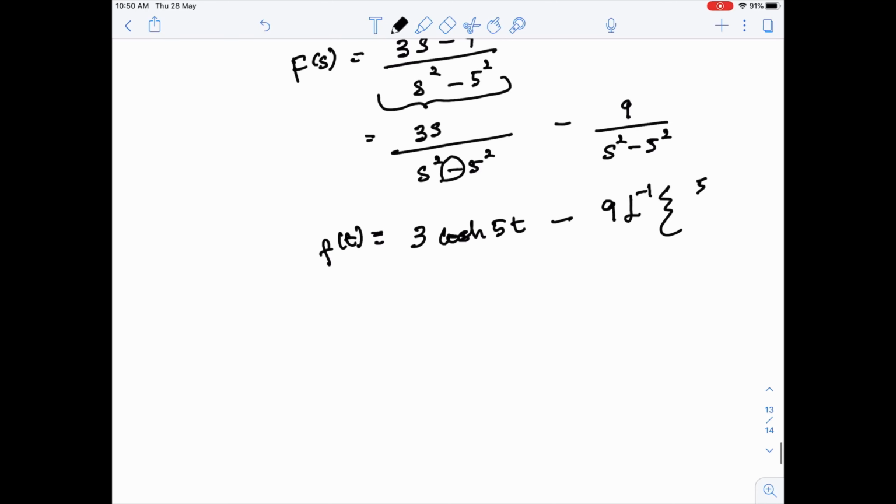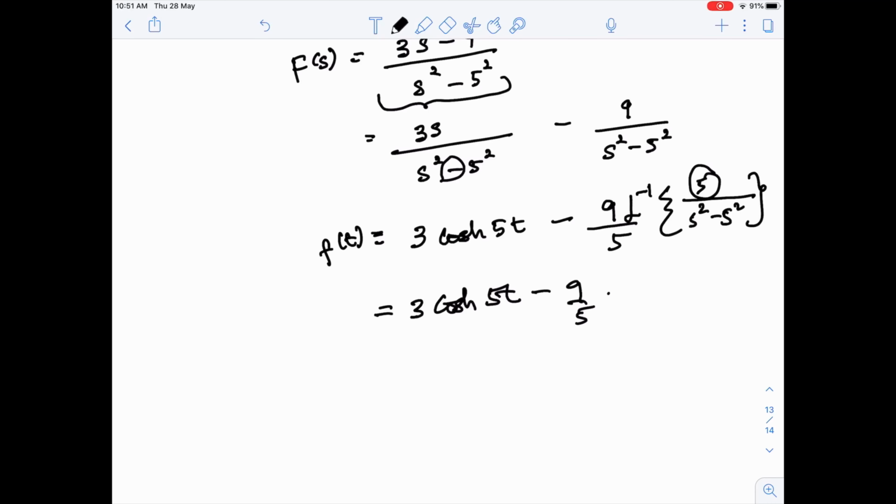Your a is 5, and then you have s squared minus 5 squared. Since you put 5 over here, you need to put 5 over here. So you have your f(t) here complete: cosh 5t, and then 9 over 5 is a constant, and then for this one you actually get sinh 5t.